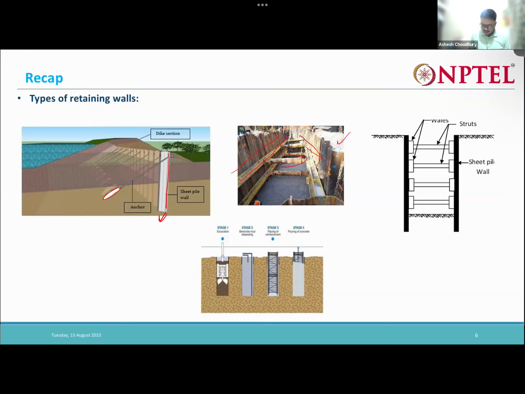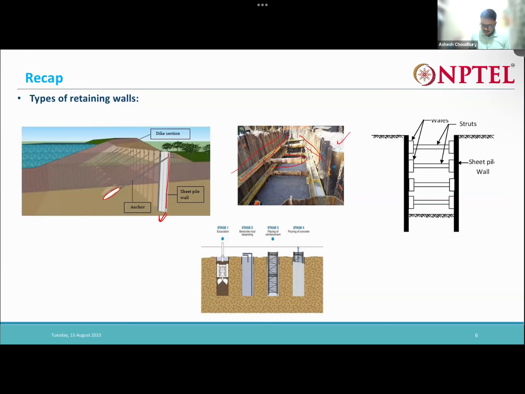Here you can see the nailed walls. Nails are steel reinforcement used to reinforce the soil.